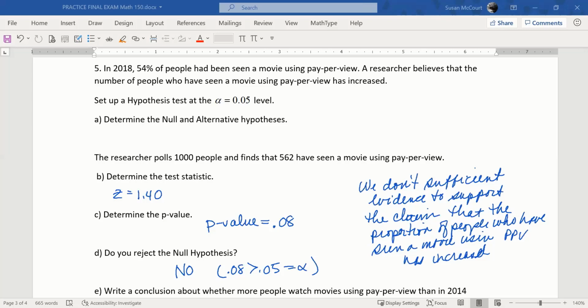So that would be another 5 points, which means we've done 20 out of 25 points.